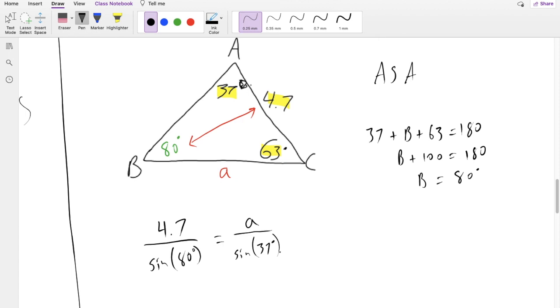Again, at this point, all we need to do is solve this. A is being divided by something, so I need to start by multiplying both sides by the sine of 37 degrees.